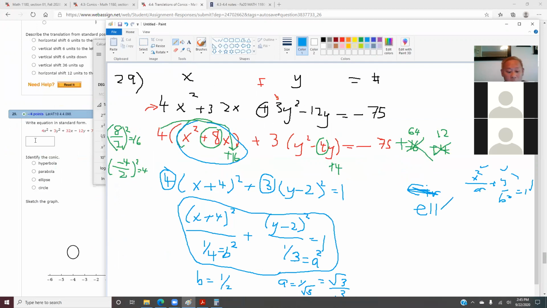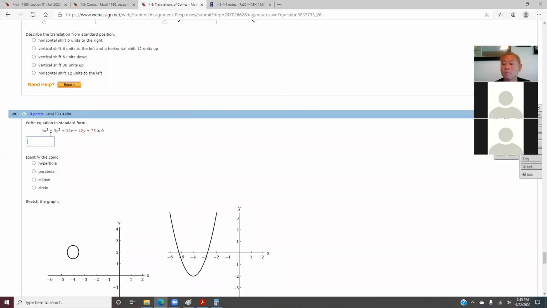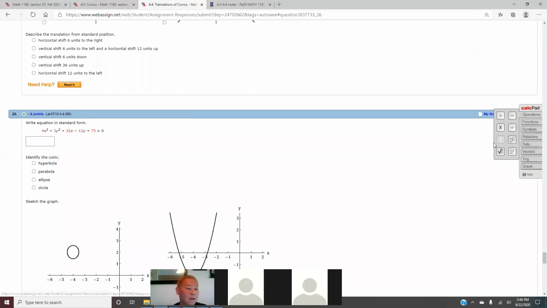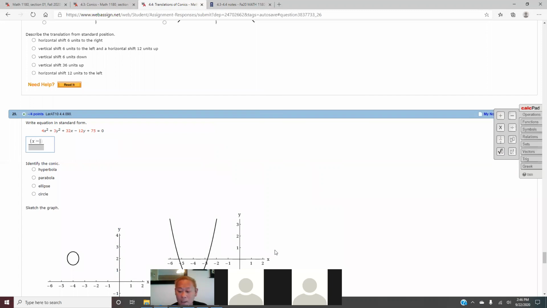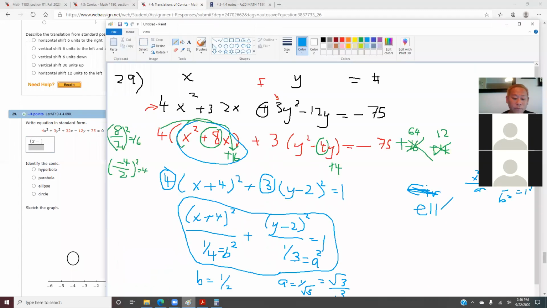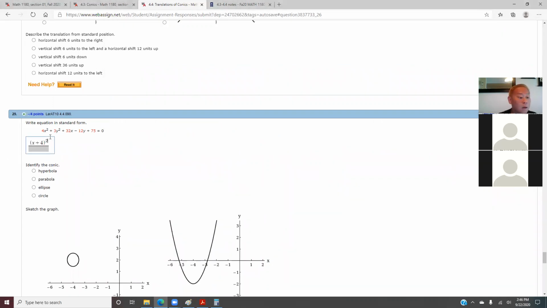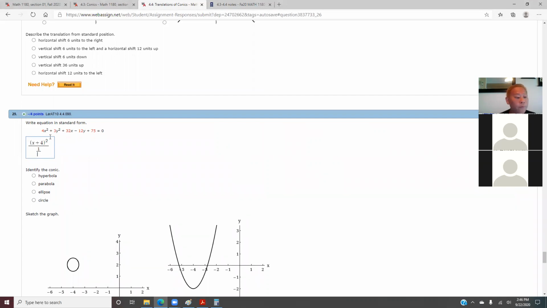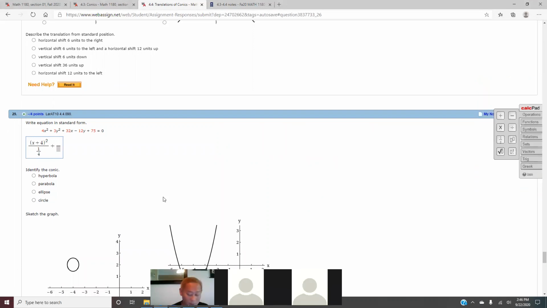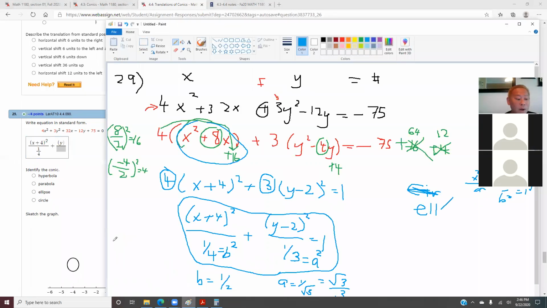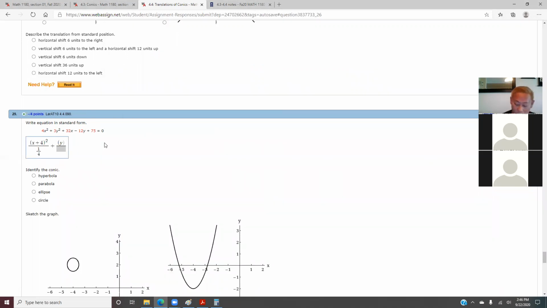So let's type the equation here. This is going to be a long type. x plus 4 squared, and this is over 1/4, plus y minus 2 squared, and this is over 1/3, equals 1.